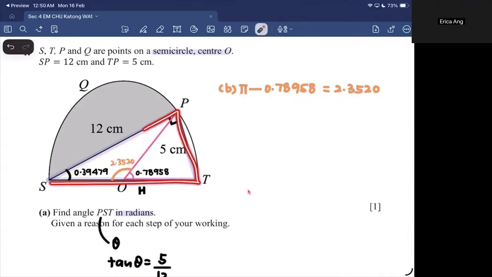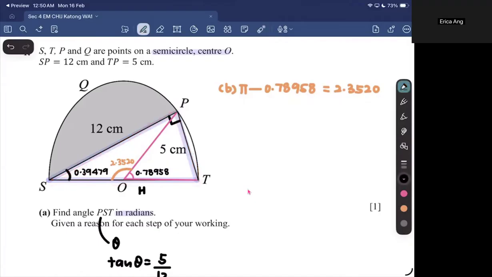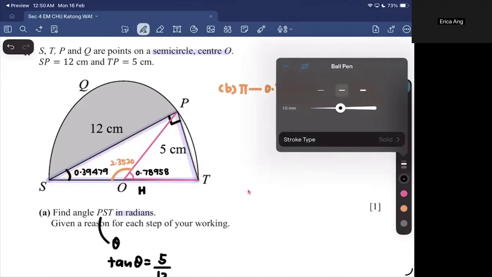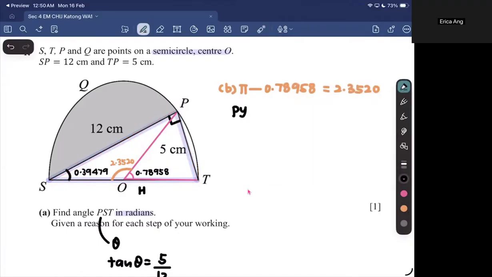What you remember is Pythagoras theorem. Your ST is the hypotenuse, so ST square is 12 square plus 5 square. So ST will be 13.